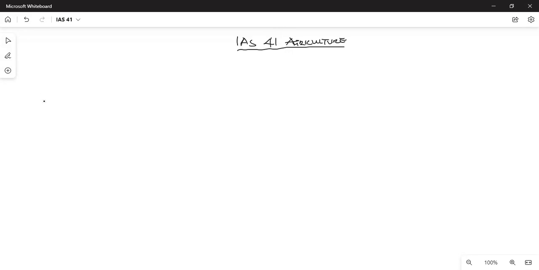Now, the IAS 41 relates to what we call the biological assets. And the combined grants in there, because these are the sectors where usually you get grants.